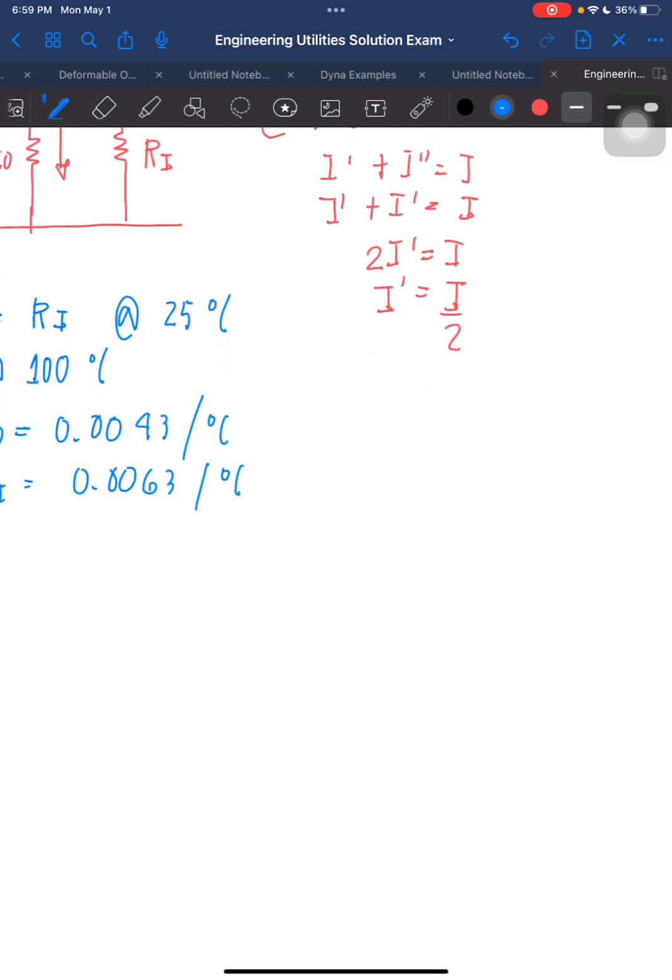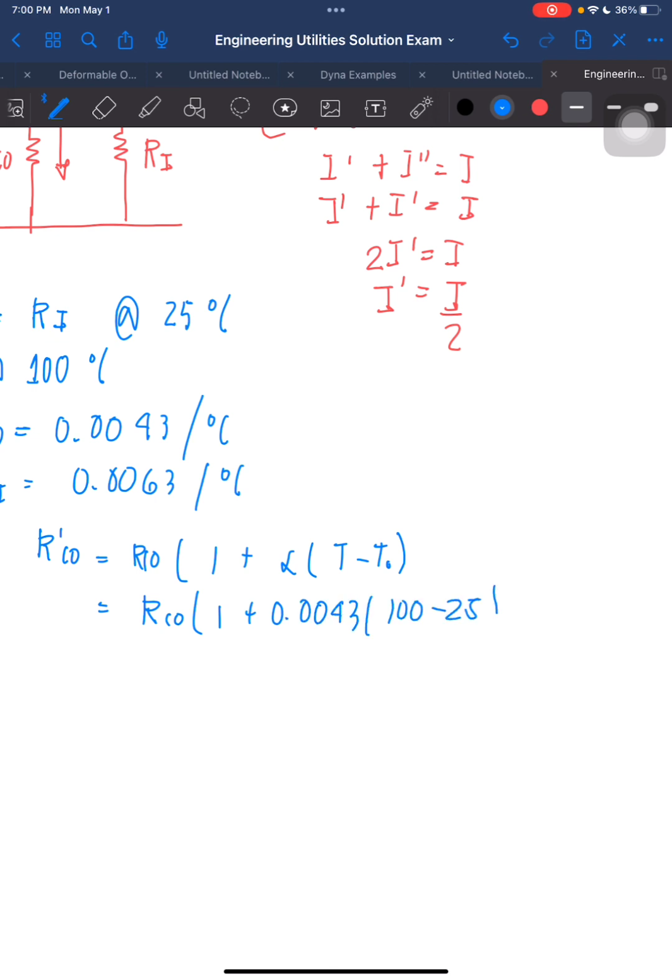So, ang R prime copper is equal to R copper times 1 plus alpha times T minus T. So is equal to R copper times 1 plus 0.0043 times 100 minus yung 25 degrees Celsius.